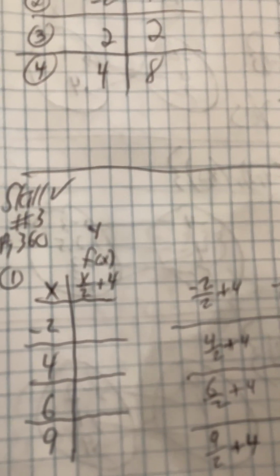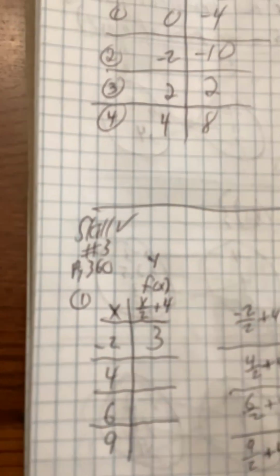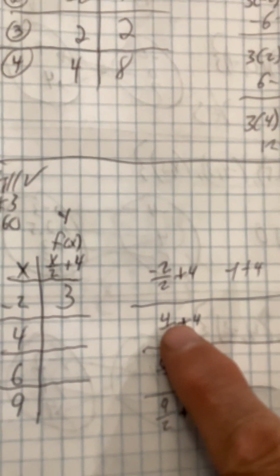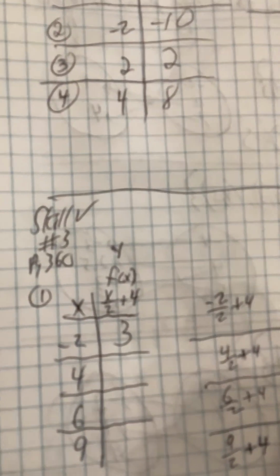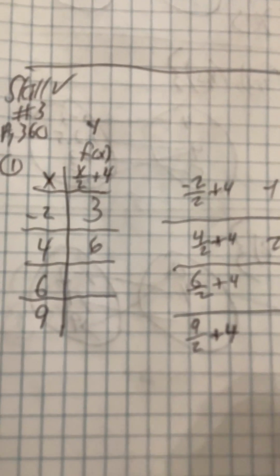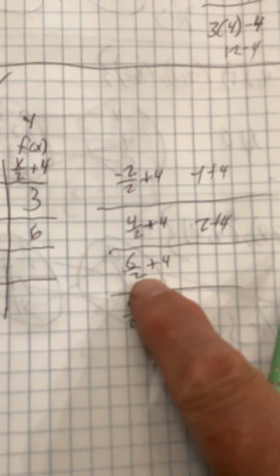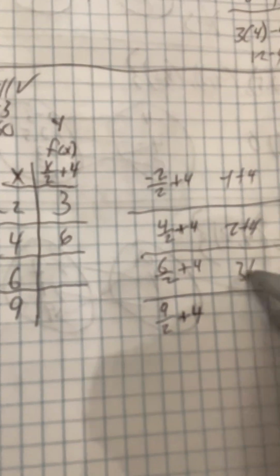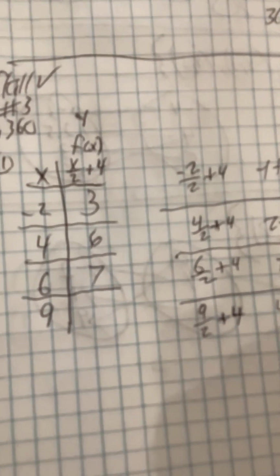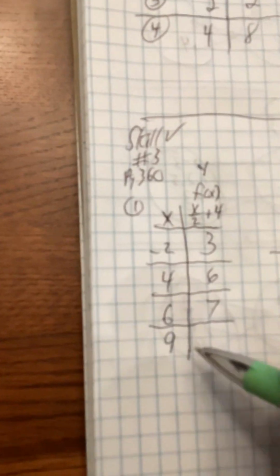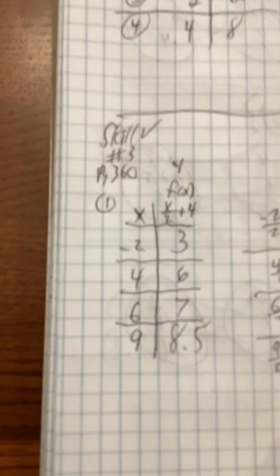You get negative 1 plus 4, which is 3. When you plug in 4, half of 4 is 2 plus 4 is 6. When I plug in 6, half of 6 is 3 plus 4, that's 7. And half of 9 is 4.5 plus 4 is 8.5.